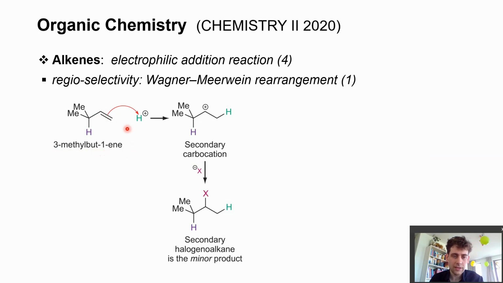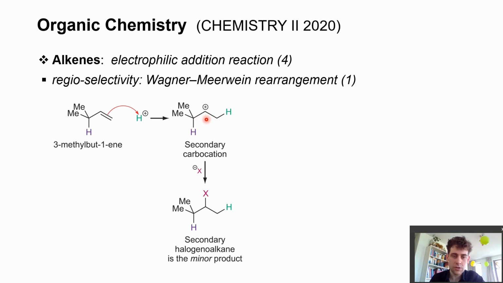On the addition of a proton here, stemming from our HX, we are getting, as we just discussed with the Markovnikov rule, this secondary carbocation. And now you might think, okay, everything is fine. I've understood the Markovnikov rule, so I expect that this is clear to me.